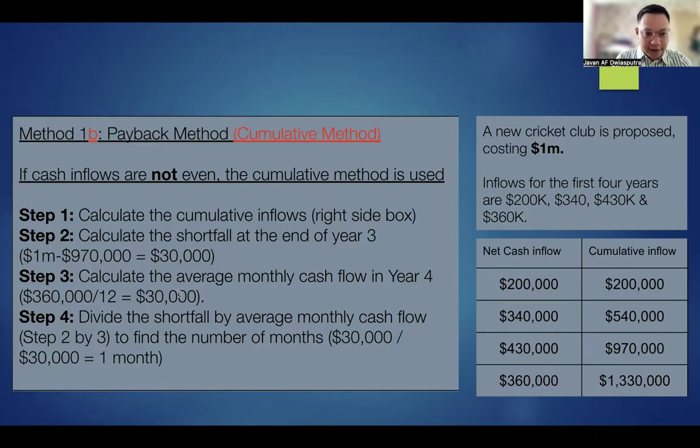Finally, we divide the shortfall by the monthly cash inflow: $30,000 over $30,000 is 1, so 1 month. This means the remaining investment is recovered 1 month into year 4, so the payback period is 3 years and 1 month.